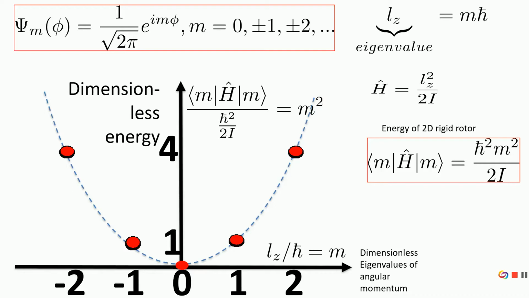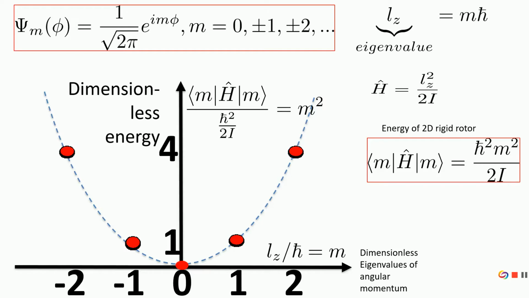So I'm jumping a little ahead of straight logic. Let's go back. We do have wave function. We do have a Hamiltonian, and we do have a protocol to find the energy of quantum state if we do know the wave function. So we put Hamiltonian in the middle and the same wave function at the left and right.